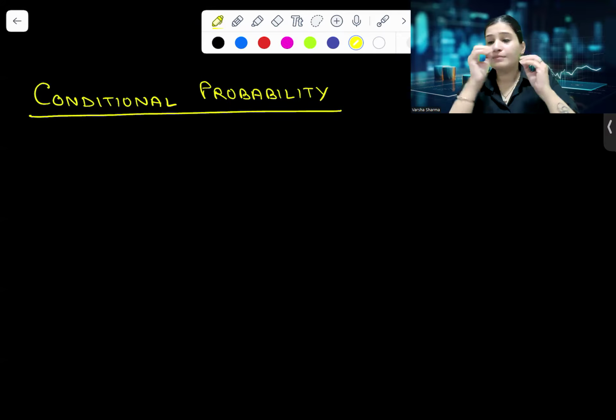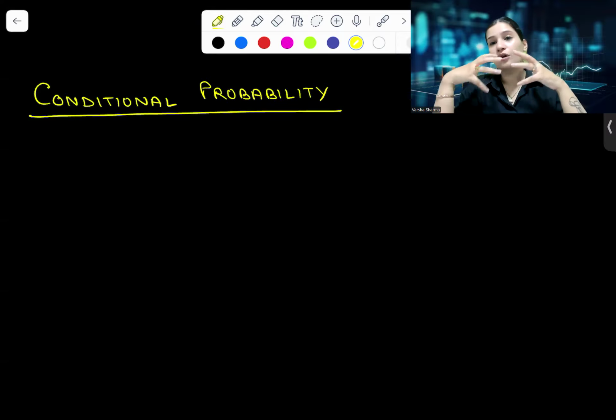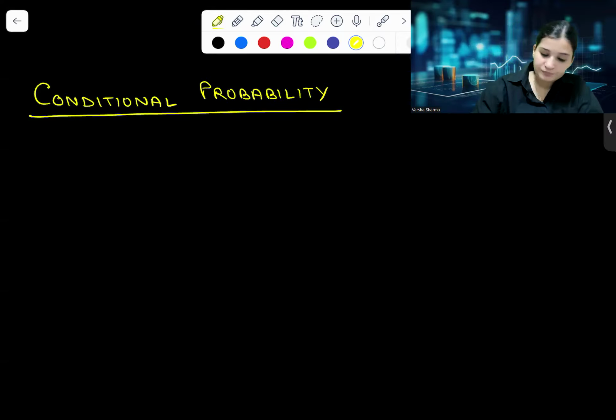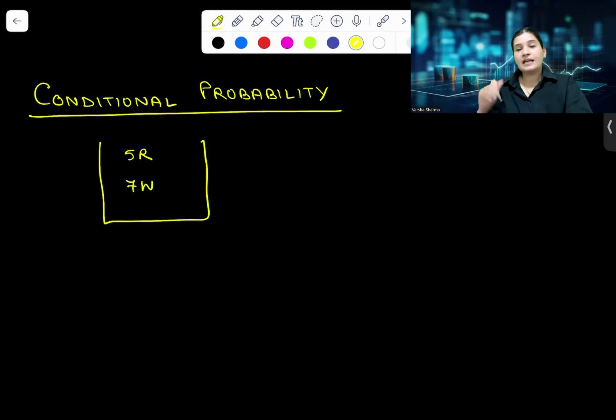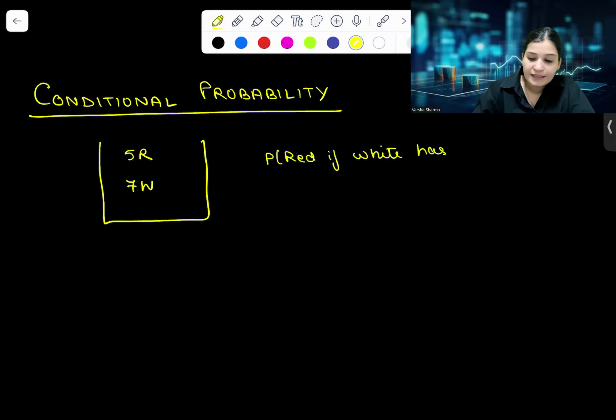So there is a formula, but in the majority of cases we will be using just normal common sense. For example, in a bag, I have 5 red and 7 white balls. I picked up a ball and I found that it was white in color. I threw it aside. And then from the remaining bag, I pick up another ball. What is the probability that it is going to be red if white has already been selected?